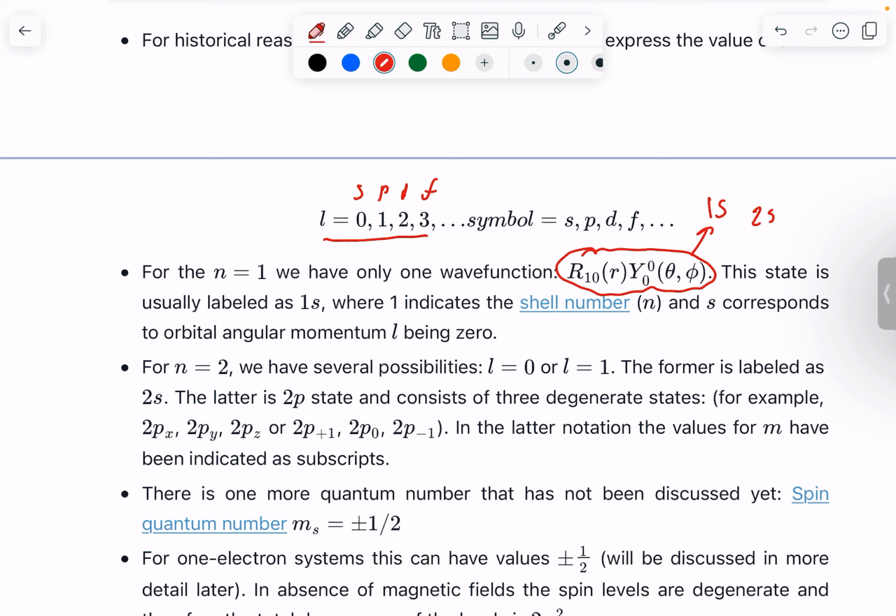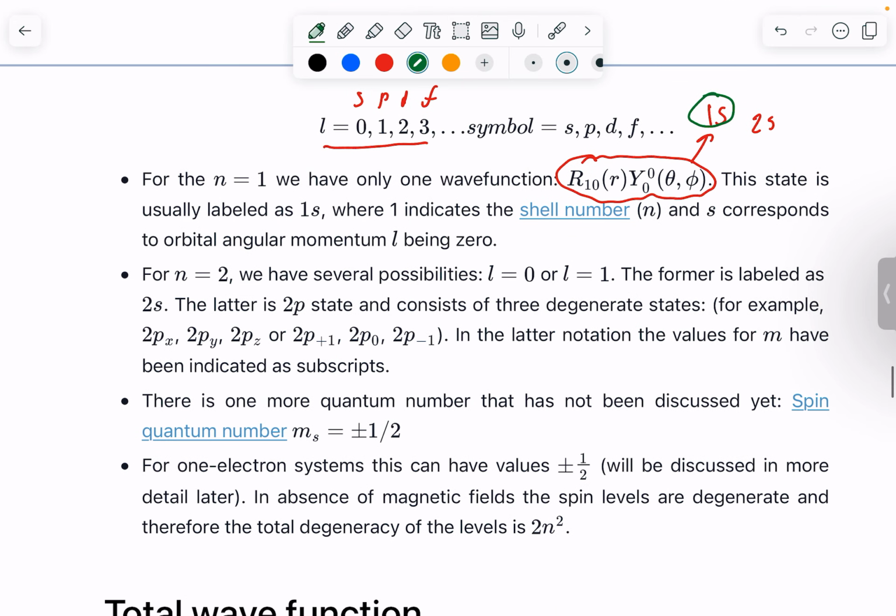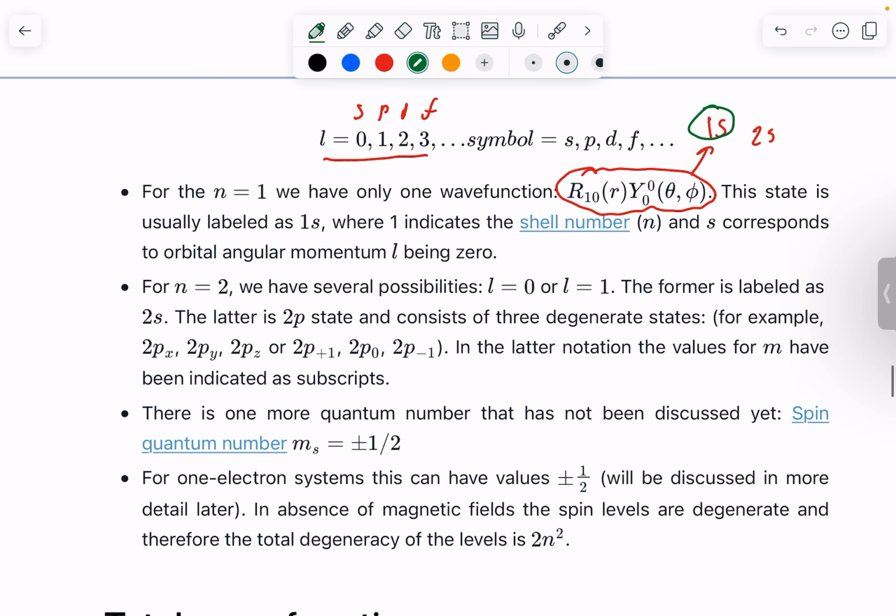If you write it in expanded form with these Laguerre polynomials and these spherical harmonics, it's going to look like a mess. So it's much more concise to refer to it as 1s, and then you can always look up the table. But the important concept here is that these notations of 1s, 2s, 2p, 3d, etc., refer to single electron wave functions.